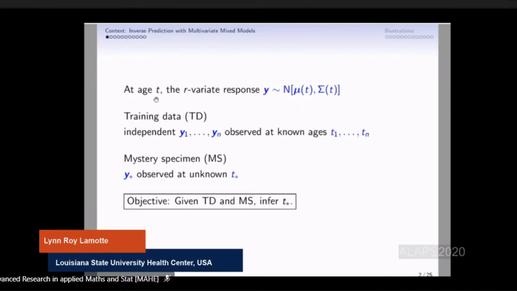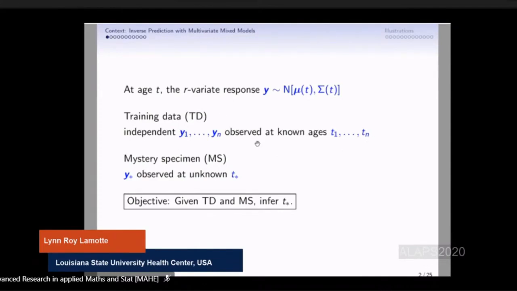We have an experiment in which subjects, and what I've been working with is in forensic entomology, so these are larvae of flies, are in an experiment sampled at each of several predetermined ages, so we know the age, and we observe the multivariate response like length and weight, over n independently sampled subjects at specified ages.